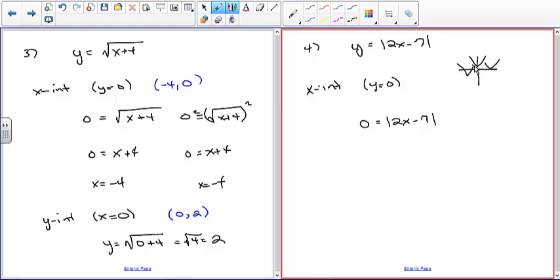So you can have 0 x-intercepts, or you could have 1 x-intercept or 2 x-intercepts. So the question is, is there more than one value of x that would make this go to 0? And the answer is no.